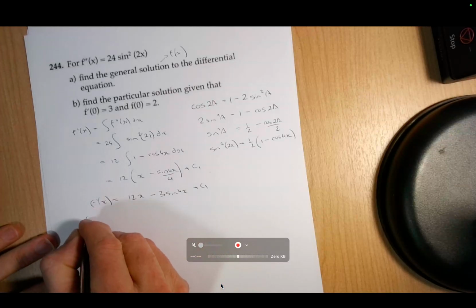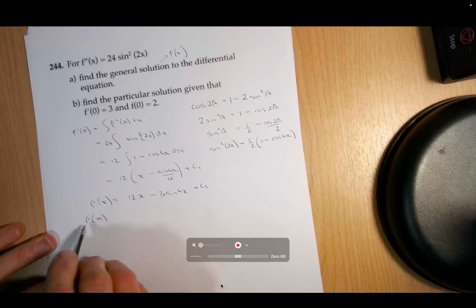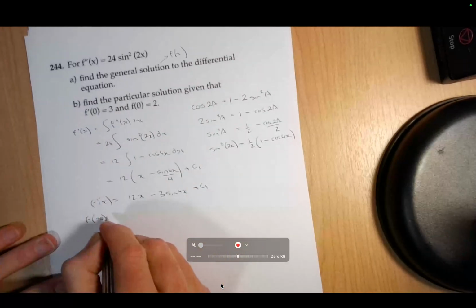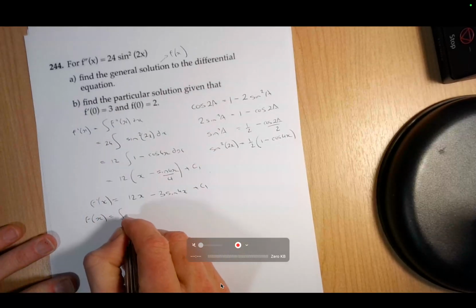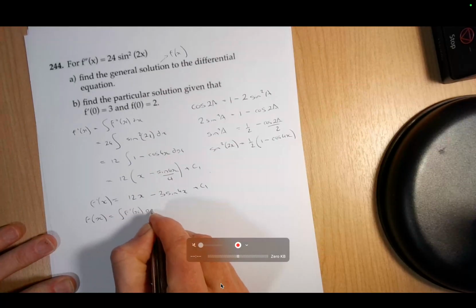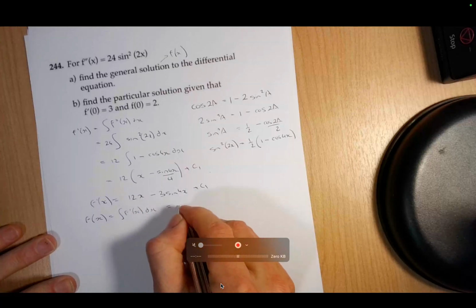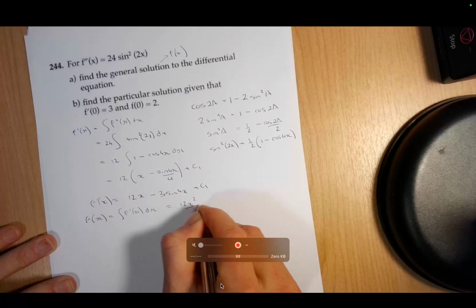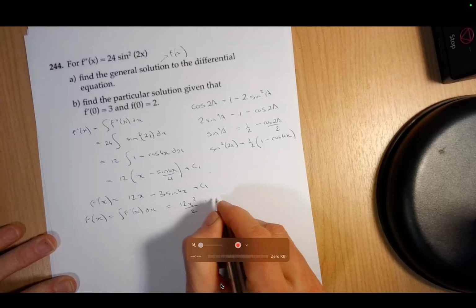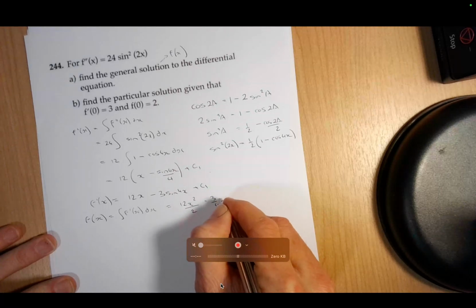Now, the function f of x for the general solution is basically the integral of f dashed of x with respect to x. So we're going to integrate that, and that's going to be 12x squared over 2 minus 3 over 4.